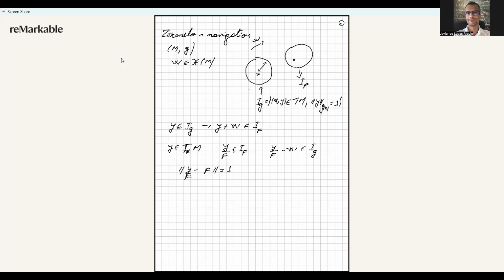If you solve this equation, you get f. And f has a very nice form: something with one minus the norm of w squared, and a square root here. It may look complicated, but it's not. So this is a purely Finslerian metric.